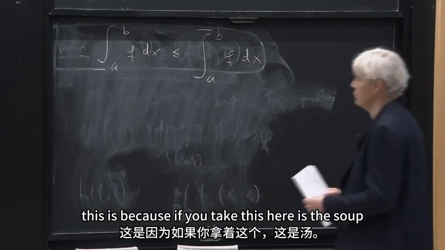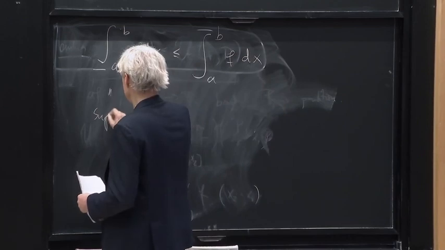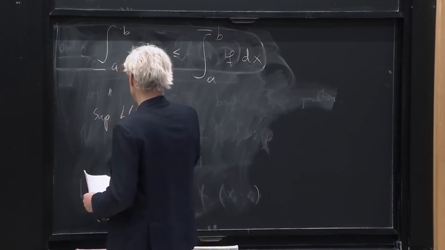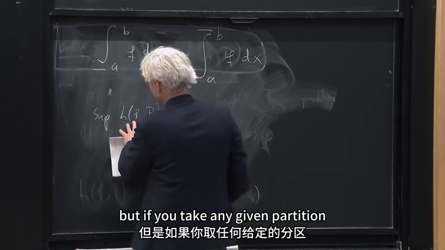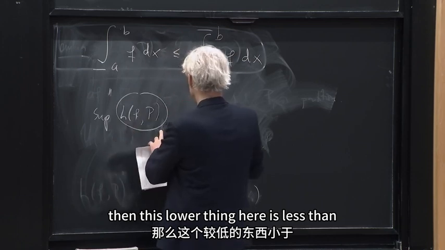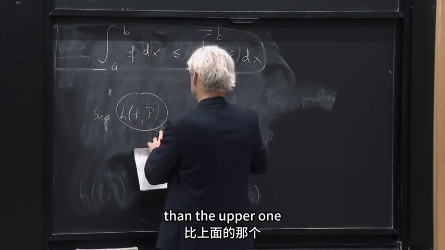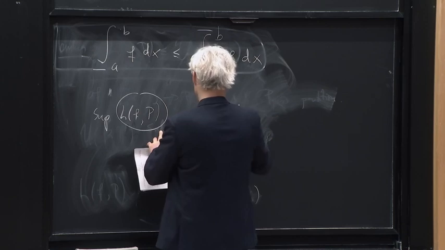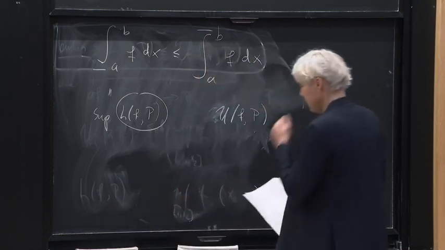This is the sup of these lower sums over partitions, but for any given partition, the lower sum is less than the upper one.